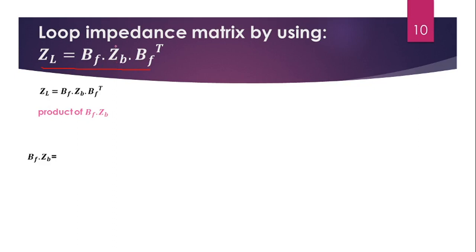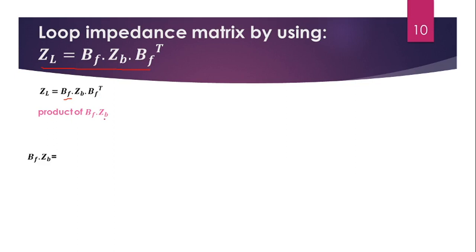Out of that, we can first do the multiplication of any two matrices. As we already found the tie set matrix and ZB, we can do their product. So ZL equals tie set into ZB into transpose of tie set.